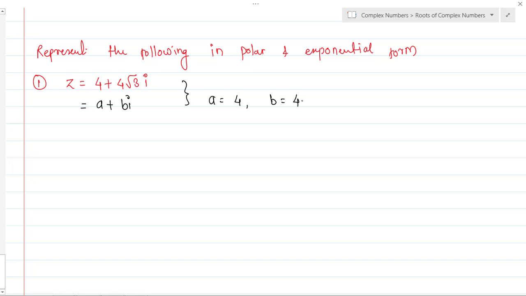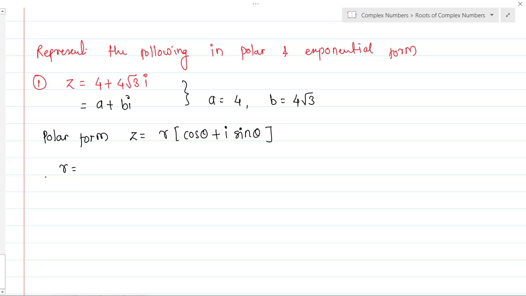It is 4 root 3. We know that the polar form of the given complex number is r into cos theta plus i sin theta. This is nothing but my polar form. So I require r and theta. So let's find out what is r.